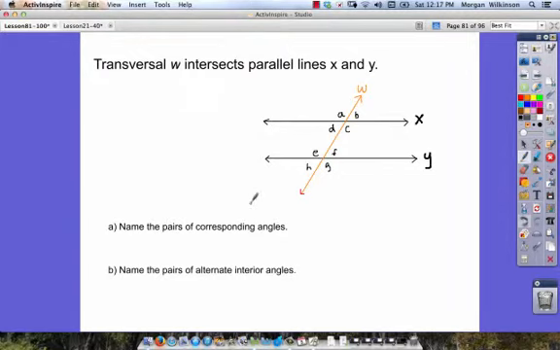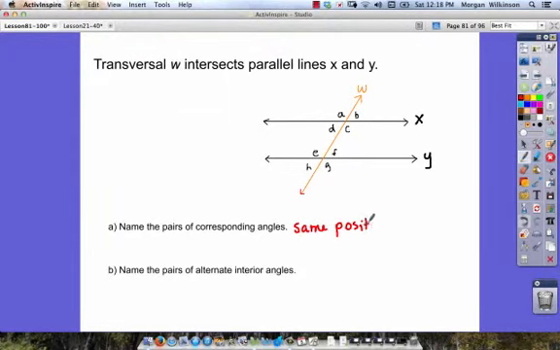Now our angles are all labeled here as A, because that would be angle A facing outwards, B, C, D, E, F, G, and H. What we need to do is name the pairs of corresponding angles. Corresponding angles are always in the same position.